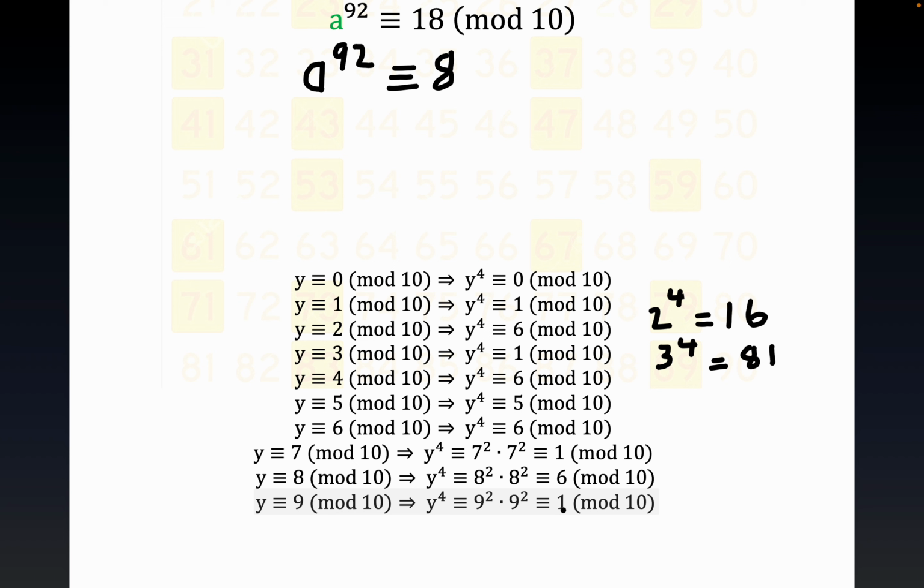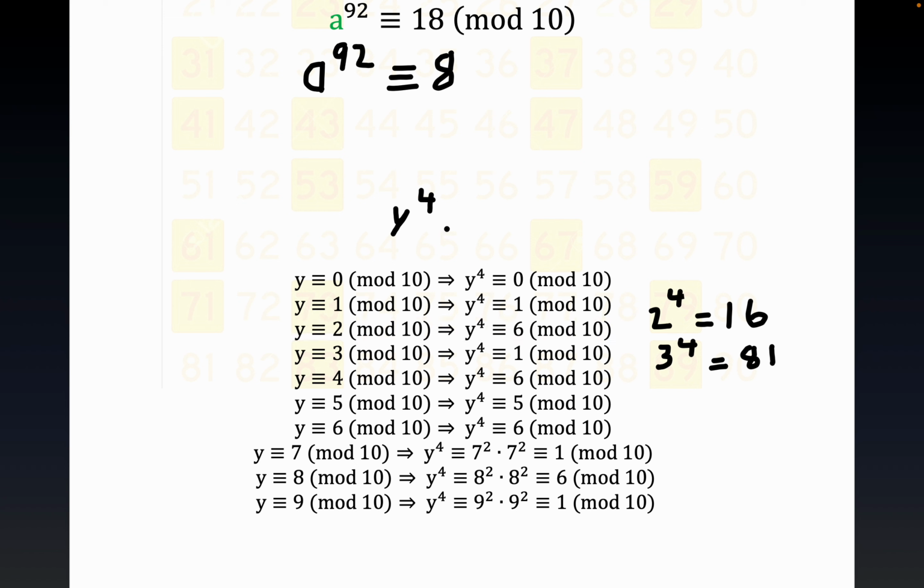So what we've determined right here is that every fourth power mod 10, let me just write it out right here. Every fourth power is congruent to one of 4 values, 0, 1, and you see how 6 and 1, and we get a 5 right here. But notice how it's nothing but 0, 1, 6, 5, 6. You see how 1, 6, 5, and 0 just repeat.